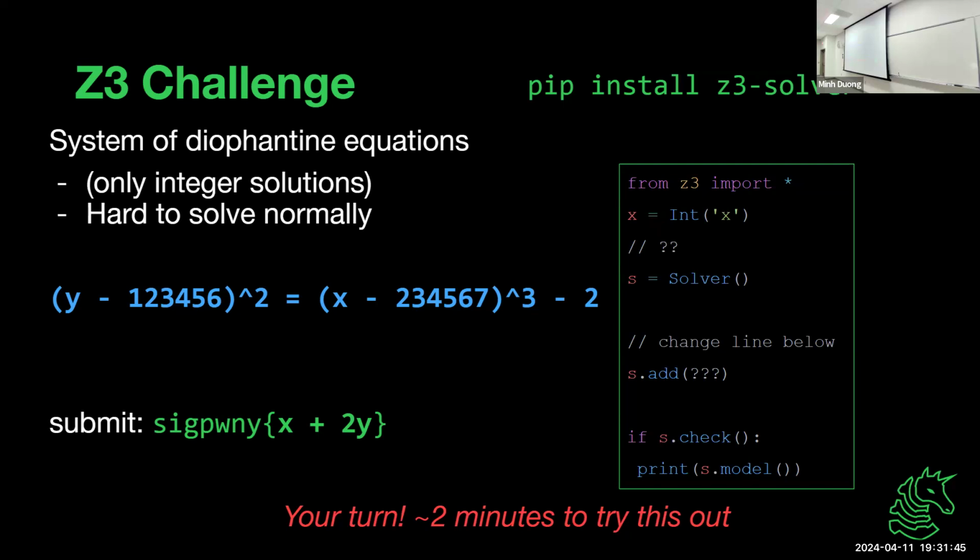Why are things names? I think it's y. Oh wait, no, y squared. Yeah, that should be fine. The flag is x plus 1. Putting it in the format of integer plus integer, you put in just a total integer, the actual answer. Yeah, how do you do that?